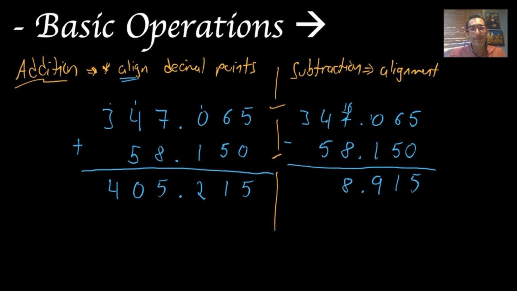Because this 4 lent a 1 to the 6, now this becomes a 3. We cannot perform 3 minus 5, so we have 13, and this becomes a 2. So 13 minus 5 is 8, and here 2 minus nothing is still 2. So this will be your answer of performing the subtraction.